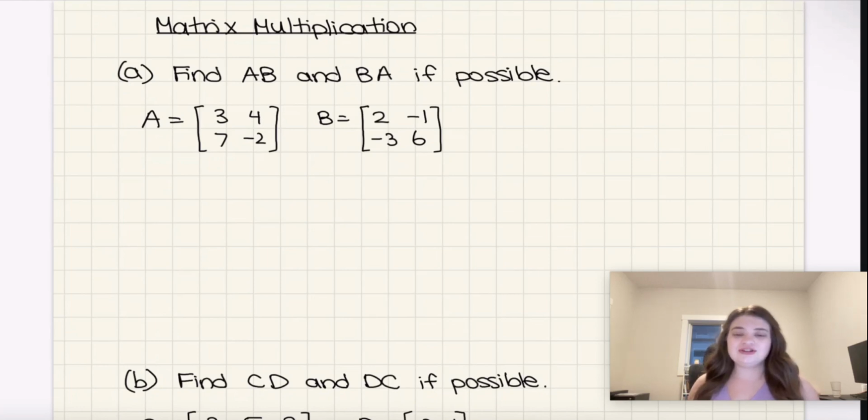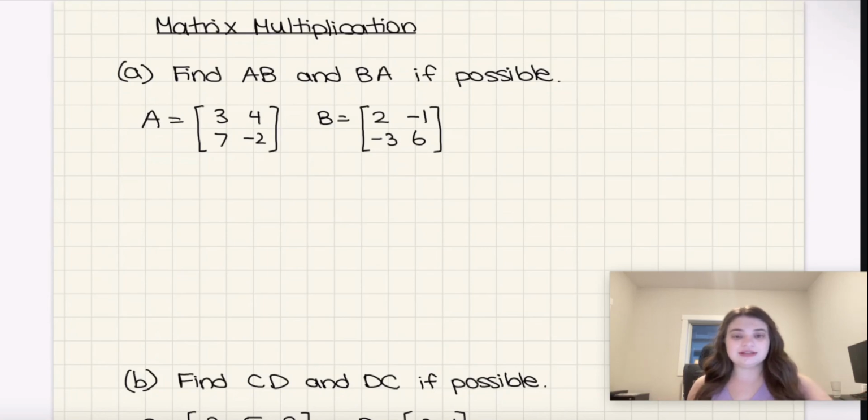The other thing is it mentions "if possible," and that's because it's not always possible to just multiply any two matrices together. In order to be able to multiply two matrices together in the first place, we have to make sure that the number of columns in the first matrix, so matrix A if we're doing AB, is equal to the number of rows in the second matrix, so matrix B, in the case that we're multiplying A times B. Now, in this first example, since it's two square matrices, it will be possible to do both ways, to find both AB and BA.